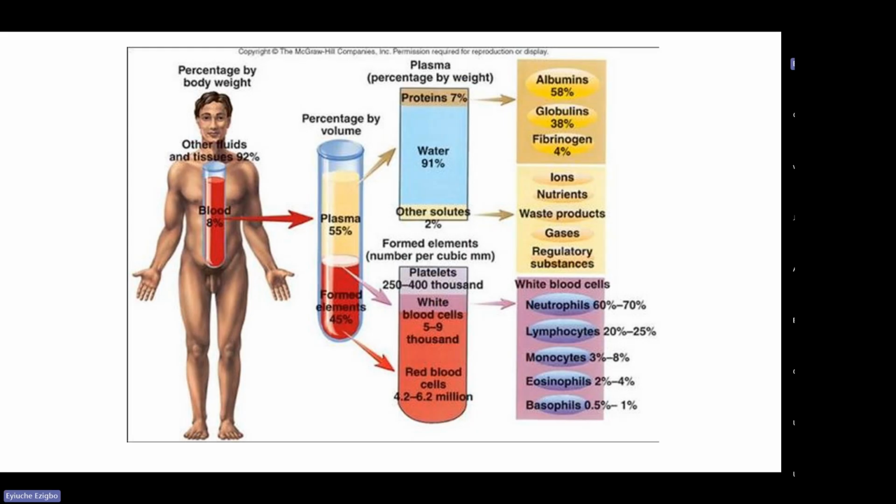We can get platelets, we can separate the white cells, and we can separate the red cells, to give specifically to the patient that needs it.